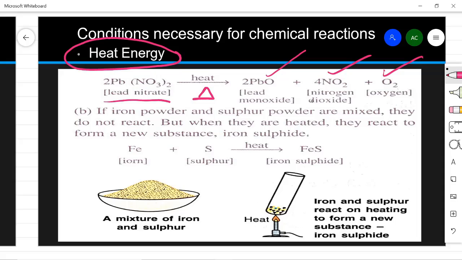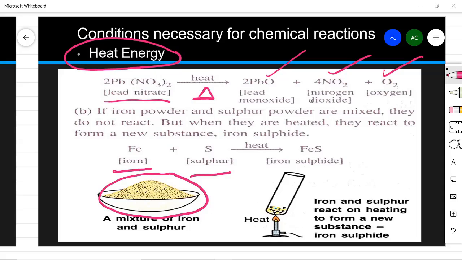Another example is iron powder and sulfur, if they are brought in contact with each other. You can see here black pieces are iron and yellow pieces are sulfur. If you keep it like this, no reaction will happen.